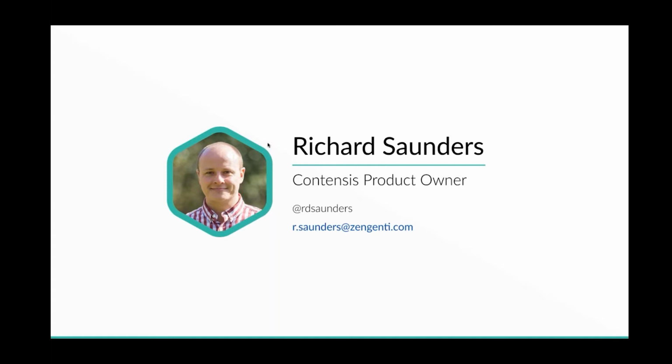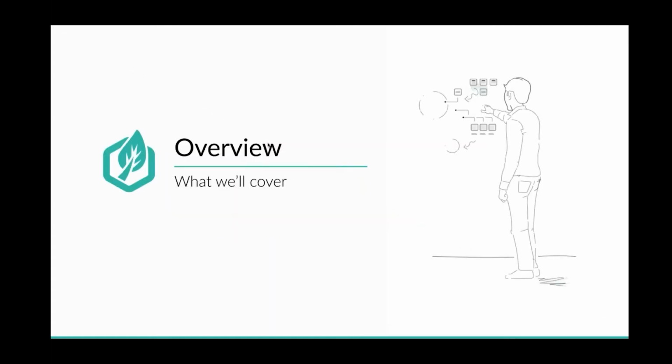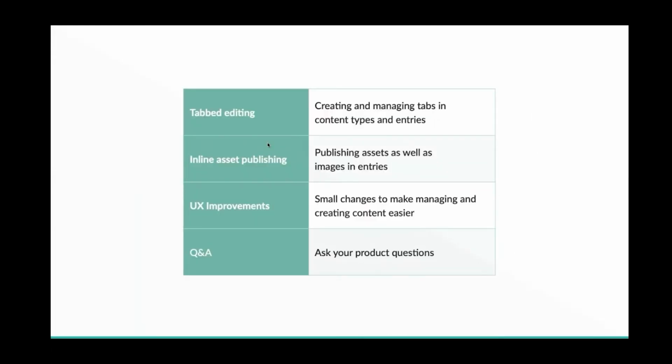So thought we'll give you a bit of a snapshot and an overview of what we'll cover today in today's webinar. There are three main sets of features. There's the tabbed editing interface, so creating and managing tabs in content types and entries, and also looking at inline asset publishing.